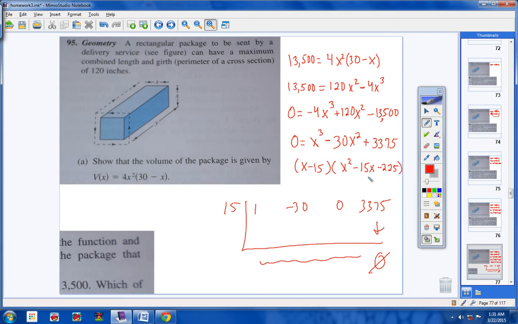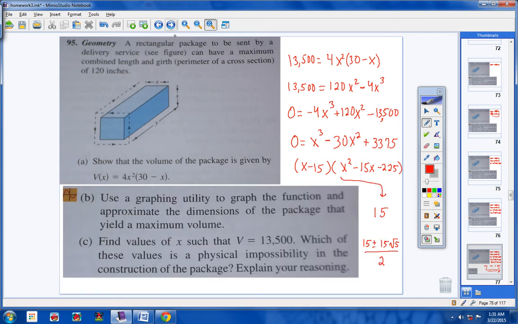Okay? Now, moving on. Next, if you take this right here, it's not factorable, and you use the quadratic formula, you'll come up with this right here. Now it says, which of these values is a physical impossibility in the construction of the package?